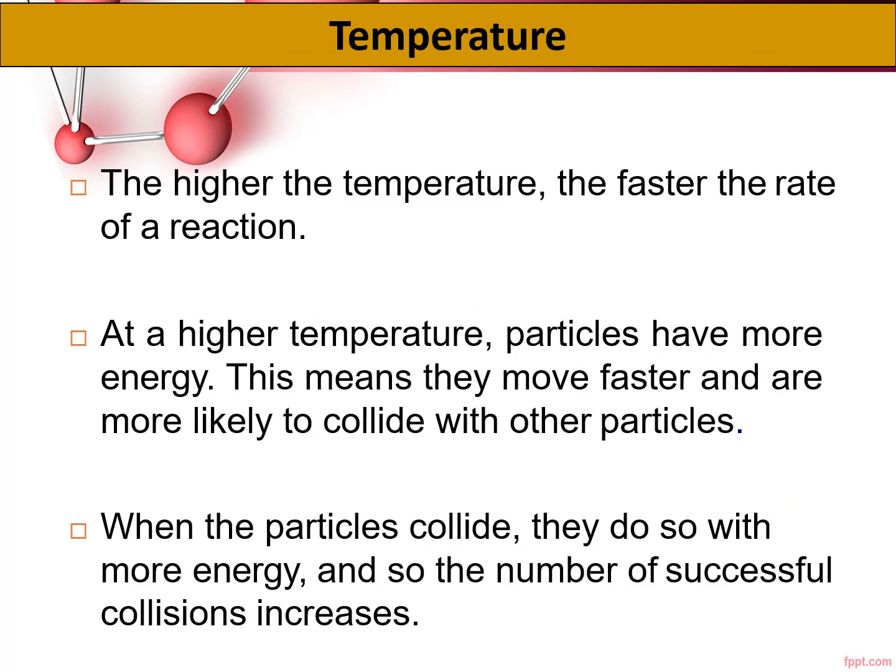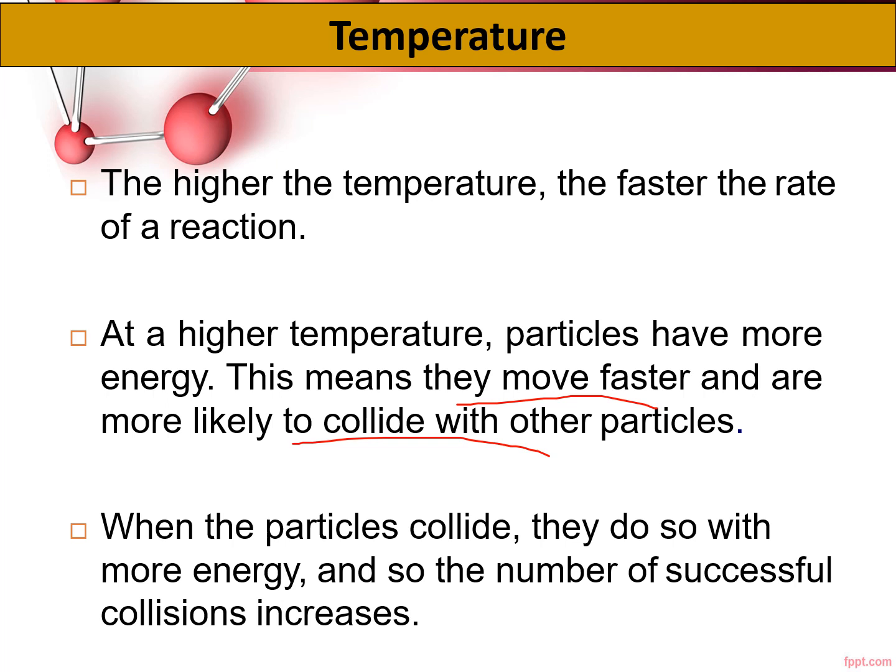As we know, when we increase the temperature of a substance, what happens inside the reaction is that particles become having more energy. So when they have more energy, they will tend to move faster. They will move faster, and then what happens? They will collide with each other.